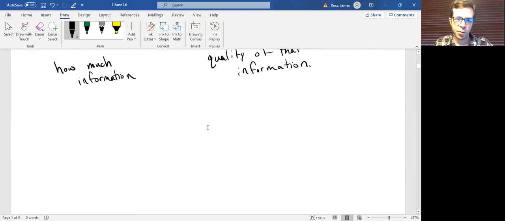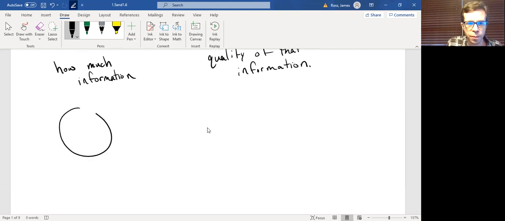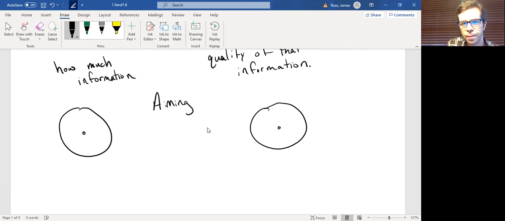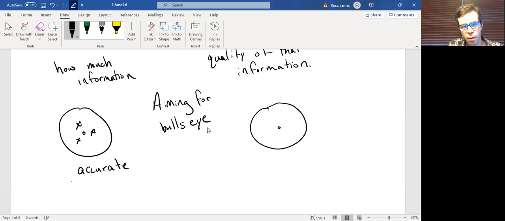A visual aid I like to do with this is imagine you have a dartboard with a bullseye, and we're aiming for the bullseye. So let's say we get a dart here, a dart here, and a dart here. It's a pretty large spread, but they are centered on the bullseye. So this I would call accurate, but not very precise.